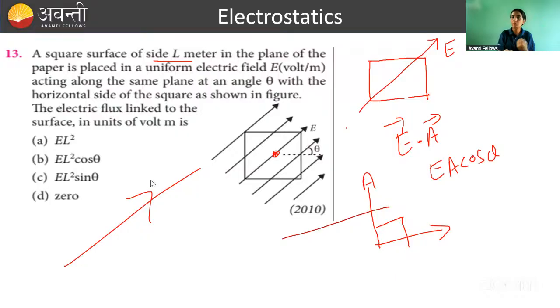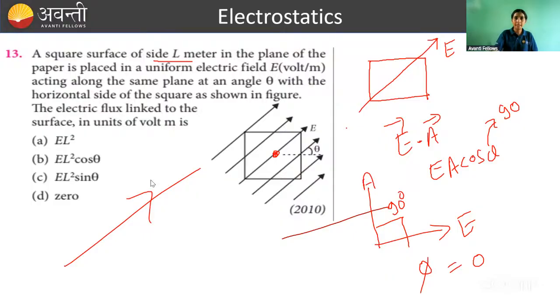So what will be the angle between a line on the board and a line which is perpendicular to the board? क्या एंगल होगा दोनों के बीच का, 90 डिग्री. So here angle between area vector and electric field is 90 degree. So flux will be zero, because if theta is 90, cos 90 is zero. So flux is zero. Got it?